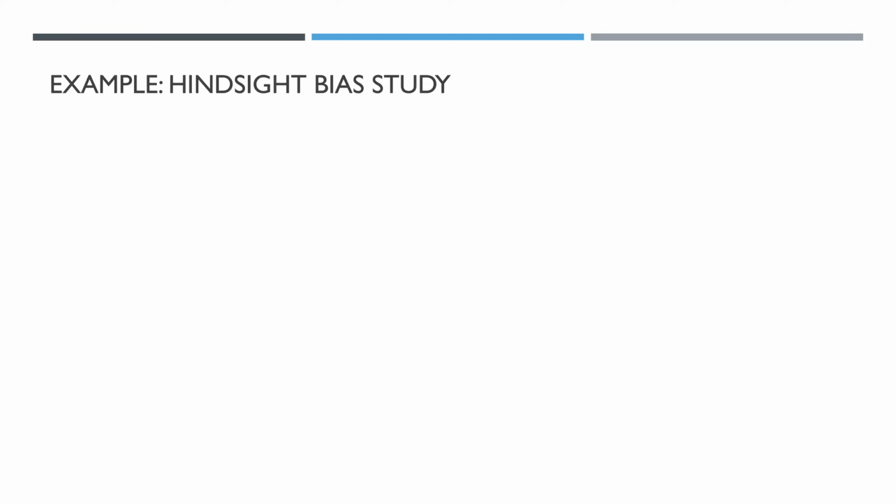For example, when I gave you back your exams for exam 1, some of you were like, I totally knew the answer to that question because of this connection and this connection. I looked at this and I knew that that was what it was. But did you though? We overestimate our ability to have known the outcome, because now we know it, we can look back and say, oh, there's this connection to it.